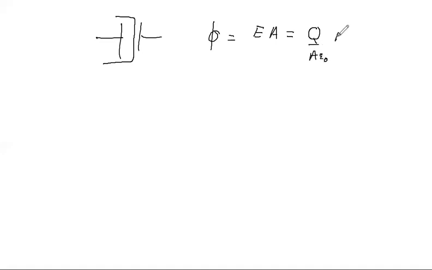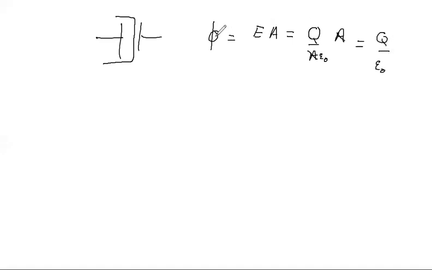Inside a capacitor, when I draw this loop or the surface here, the flux through the surface is simply going to be the electric field times the area of the plates, which is simply equal to the charge on the plate over A epsilon naught, times the area, because Q over A is sigma. Canceling the A's, I simply get Q over epsilon naught.